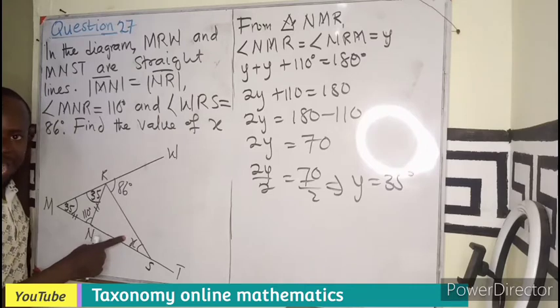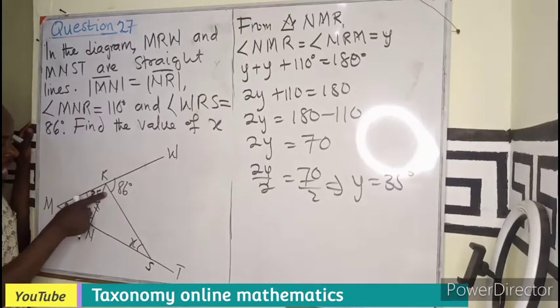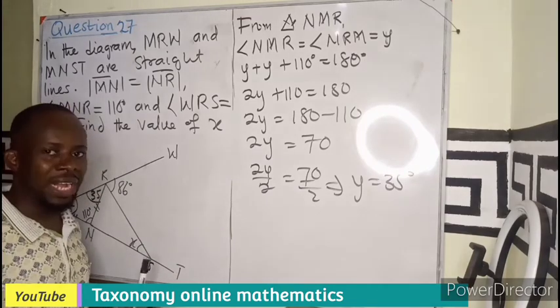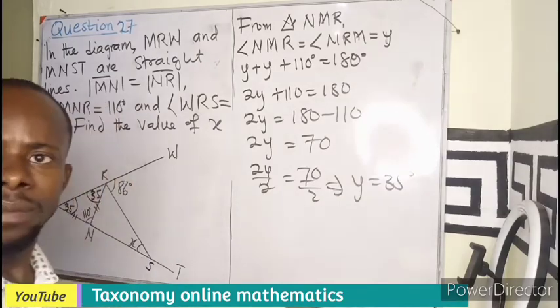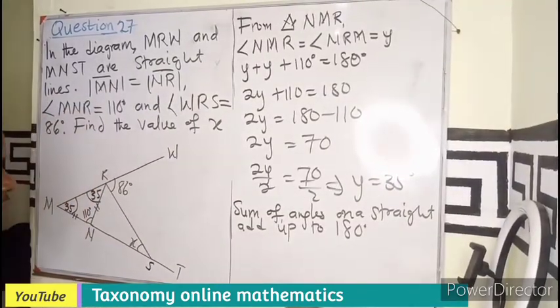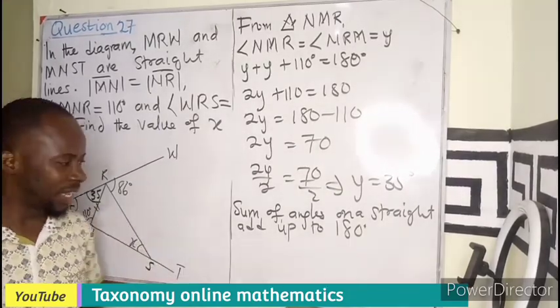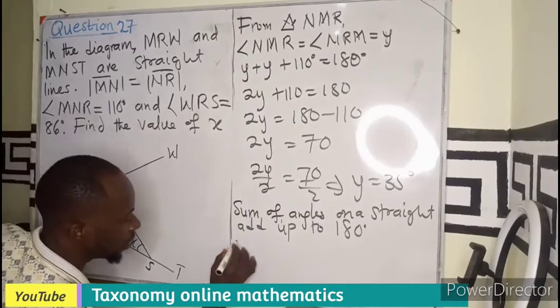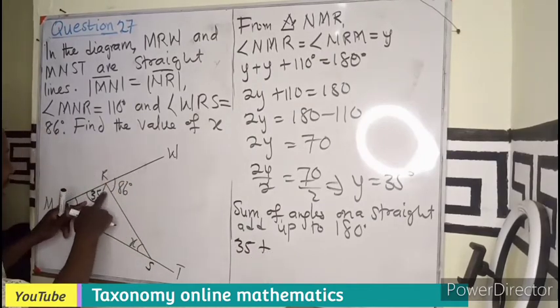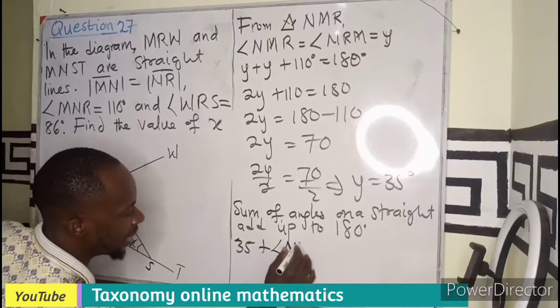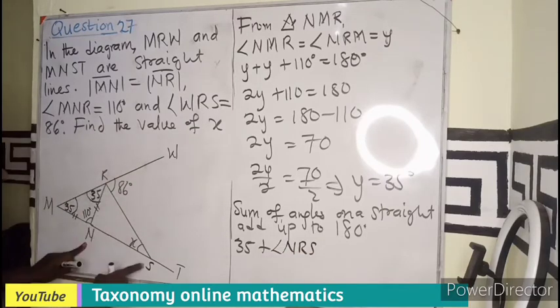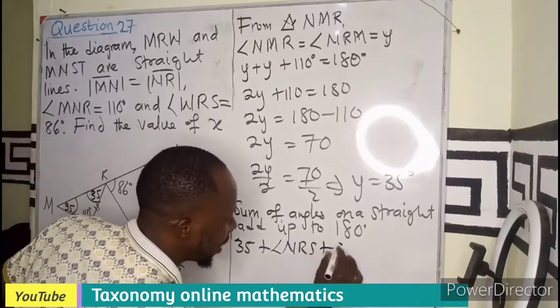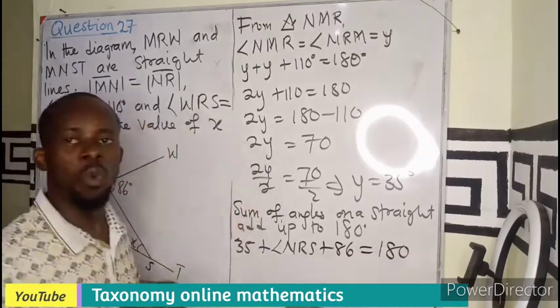We are looking for the x here. But the moment I know this angle, I can find the base angle of this triangle NRS. We also know that the sum of angles on a straight line adds up to 180. Therefore, the angle I just found, 35, plus this angle here, which is angle NRS, plus this angle 86 should give us 180.